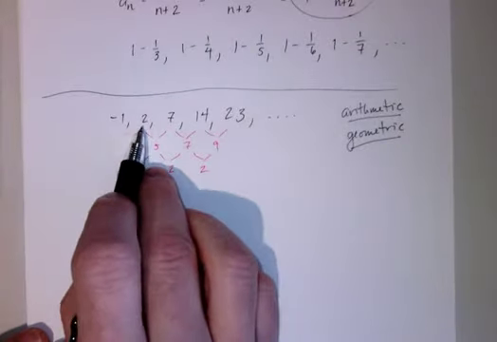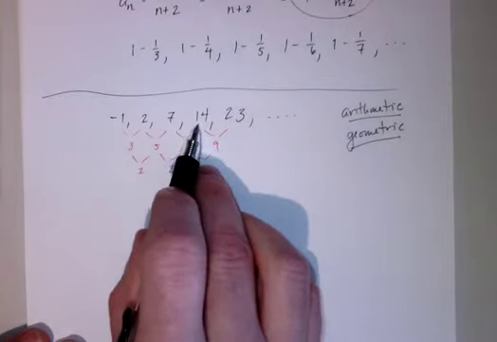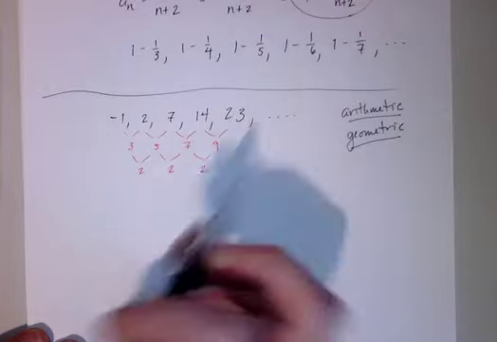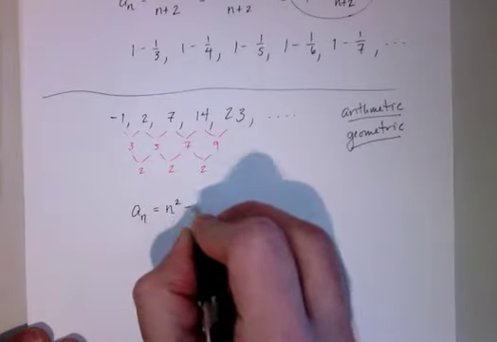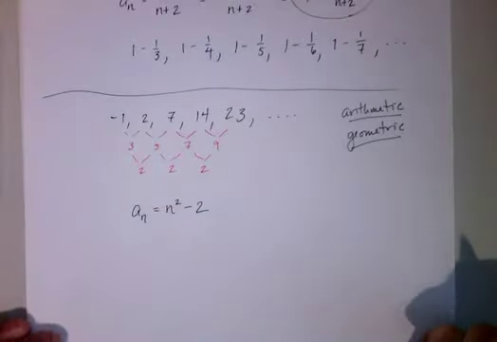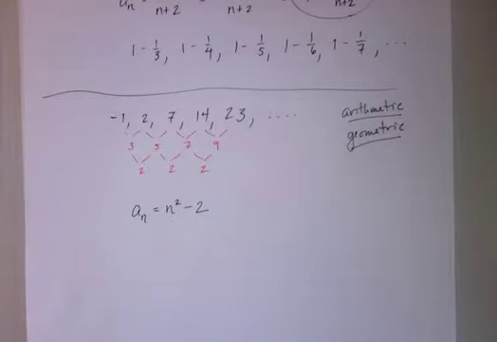This is 2 less than 2 squared. This is 2 less than 3 squared. This is 2 less than 4 squared. This is 2 less than 5 squared. So my a sub n is simply n squared minus 2. Now, of course, if you were to go 3 layers deep and find a common difference, that would be a good indication that it was cubic.